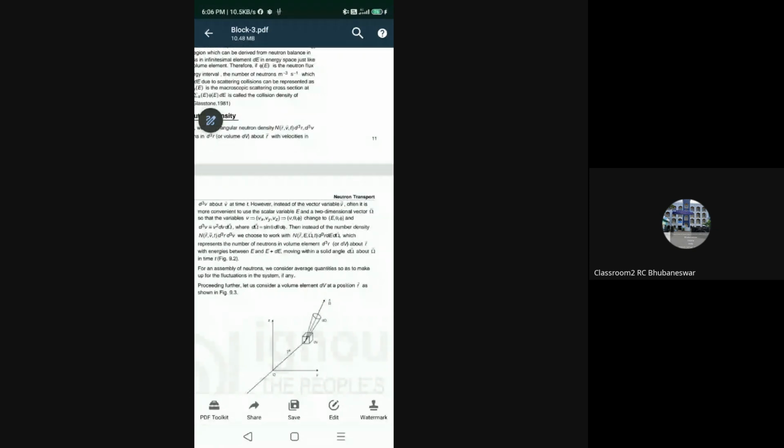However, instead of the vector variable v, often it is more convenient to use the scalar variable E and the two-dimensional vector omega, so that the variable v, whose components in the Cartesian coordinate system are vx, vy, and vz, changes in a spherical polar coordinate system to E, theta, and phi.